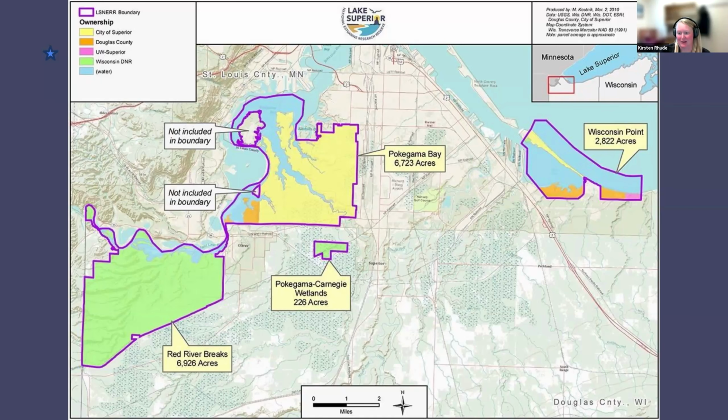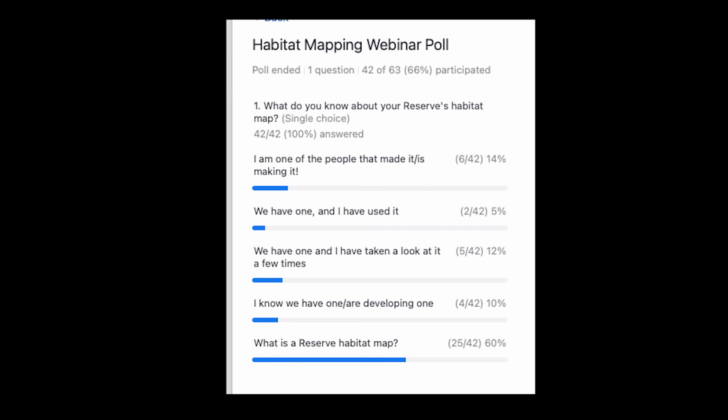I thought you were going to tell me that's why I'm here at this webinar. Got a few more stragglers. All right. Maybe we'll call it there. So here is a snapshot of what we see in the audience today. All right. Thanks, everybody. So we have a broad mix, and over half that are excited for this next slide where we talk about what a habitat map is.